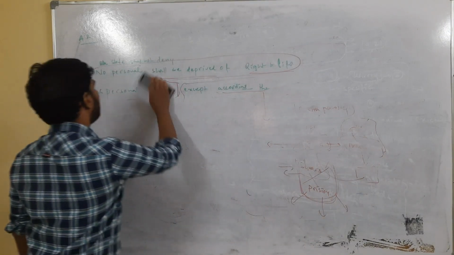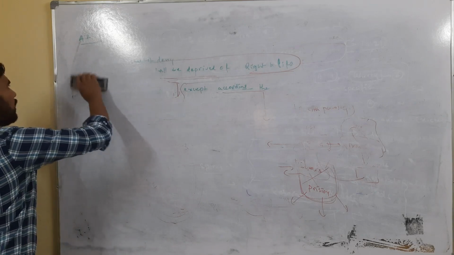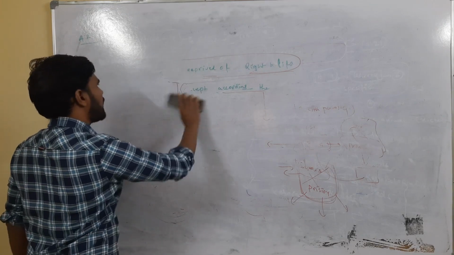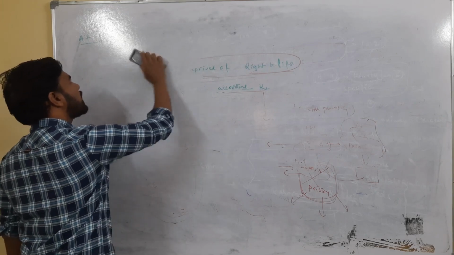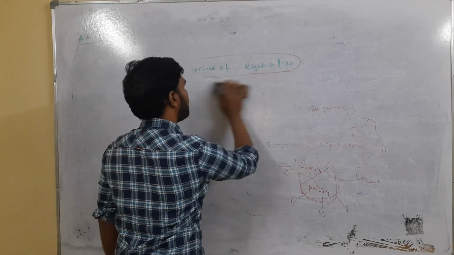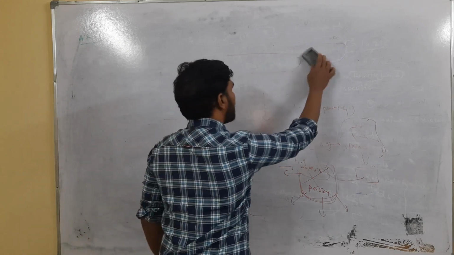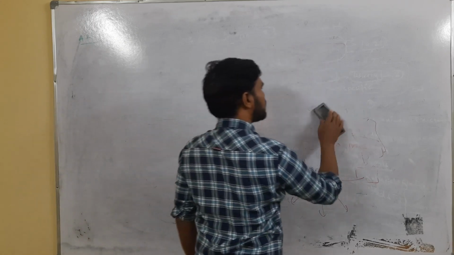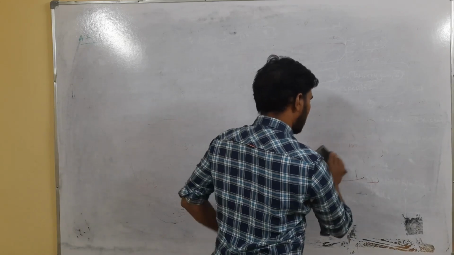Article 21 is saying that the state can take away the right to life and personal liberty of a person according to the procedure established by law, right?